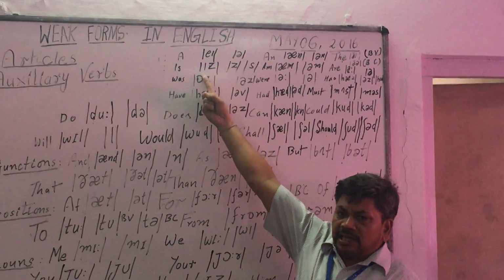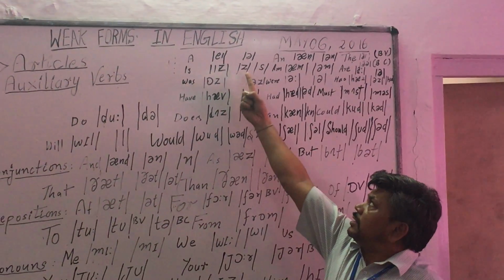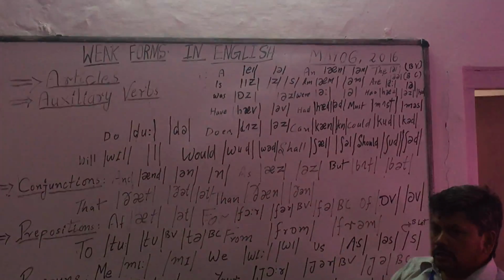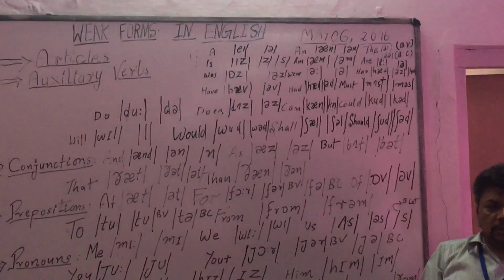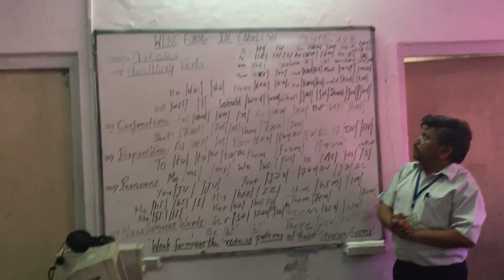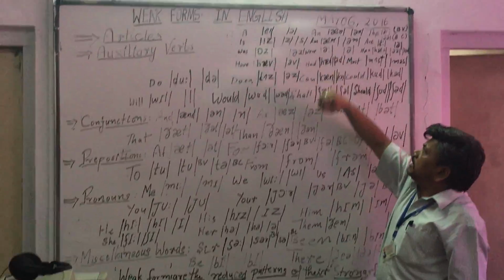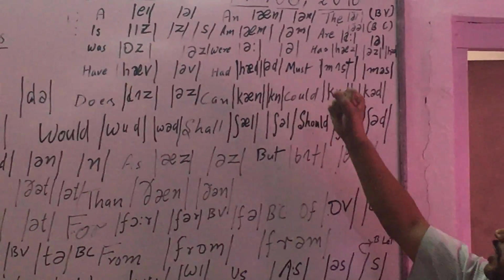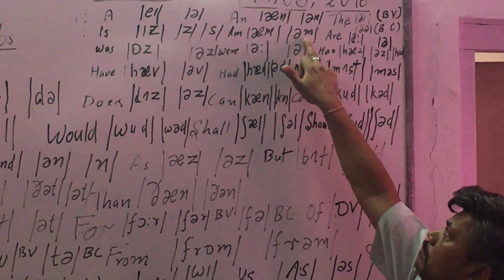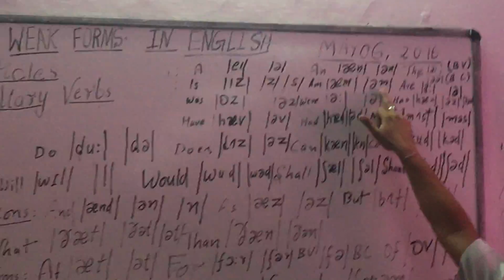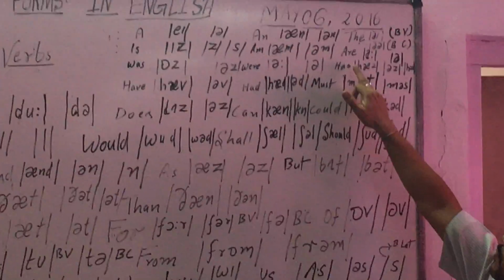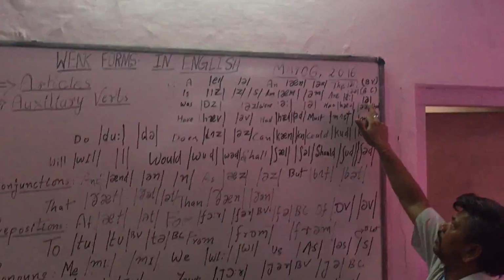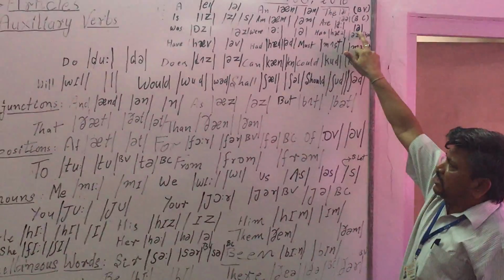Strong form is, but the weak form is the, or weak form is the. When we talk about the next helping verb, next auxiliary, that is am. Strong form is am, weak is. The third one is are, and this is how are becomes when it becomes weak.